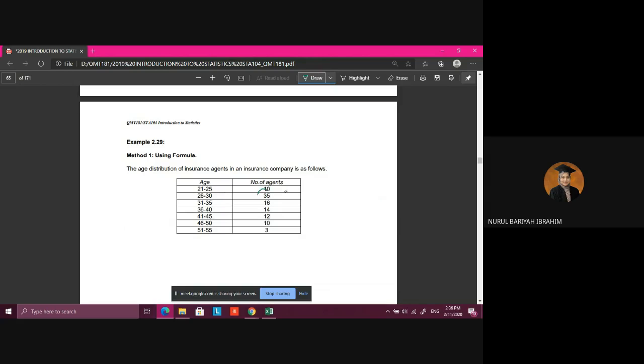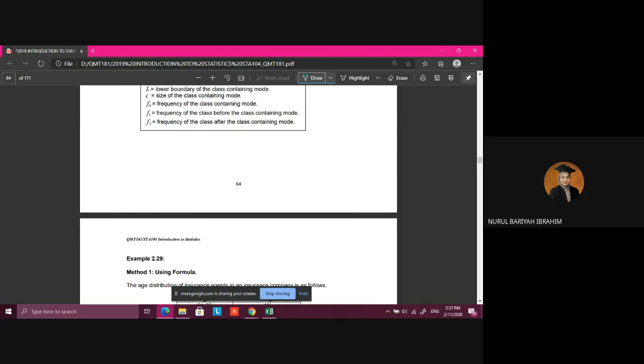Okay, 35 here, which is the highest frequency. So we can say that the mode will lie in the second class. Nak cari mode. Mode untuk apa? Mode ni untuk variable lah. Kita punya variable adalah age. So kita nak cari mode berada di sini. Okay. Alright. So we will use the formula.